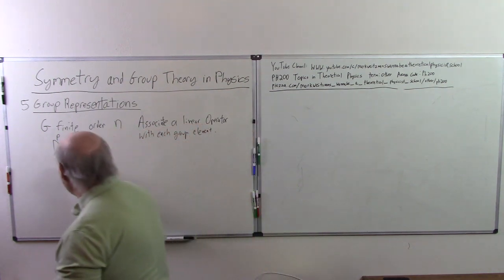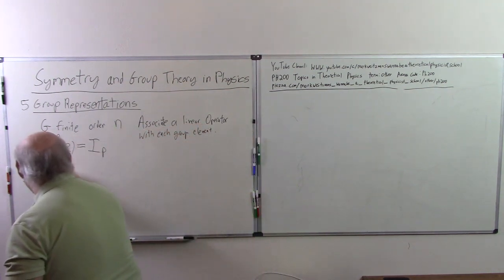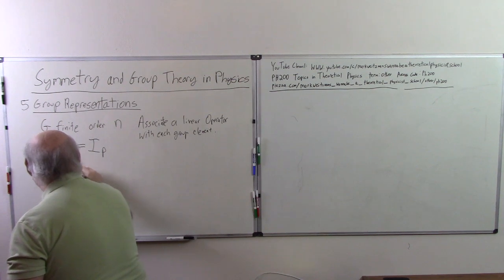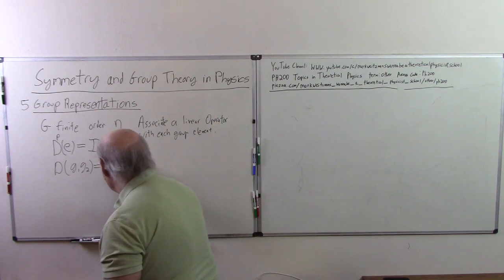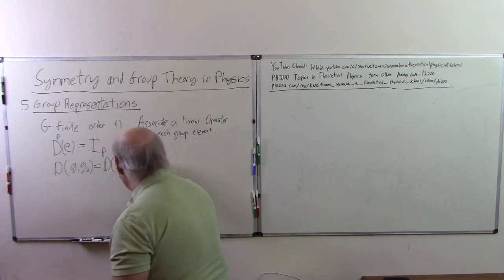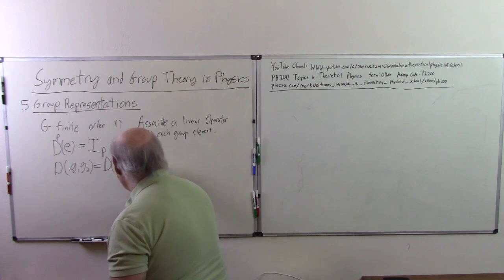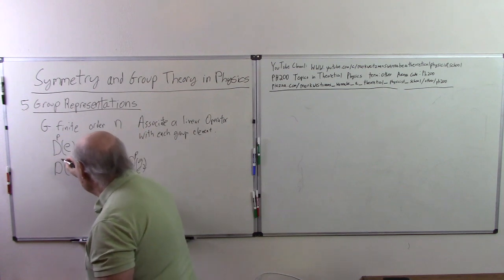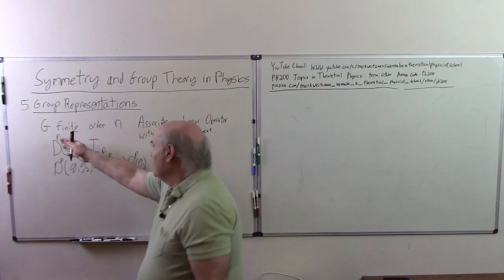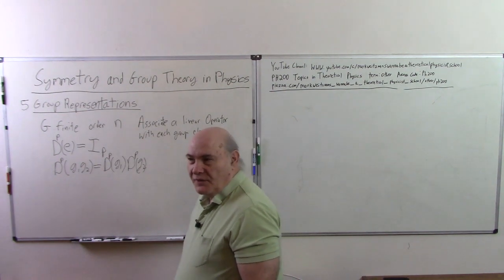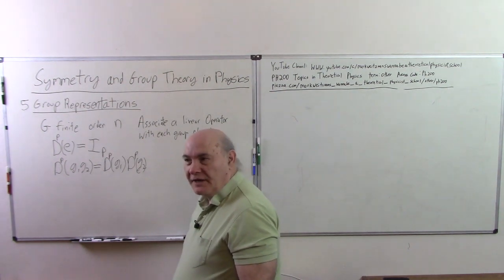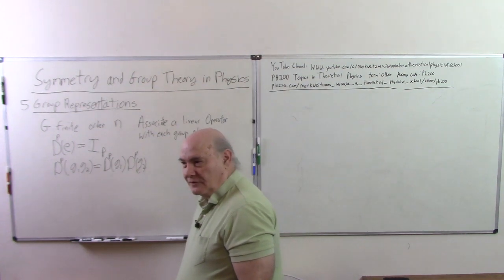And the other thing we have to have is D of G1 G2 equals D of G1 times D of G2. These are all P by P matrices. Some books put the P upstairs, some books put the P downstairs. For the most part, don't worry about whether I put an index upstairs or downstairs. It really won't matter for a long time.